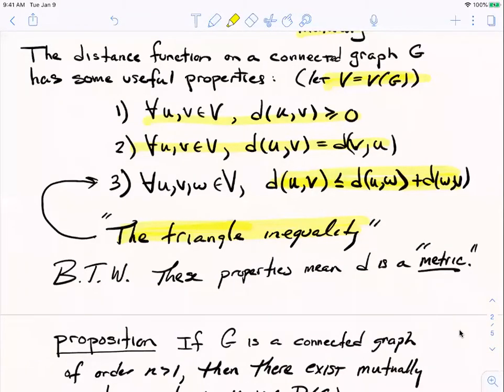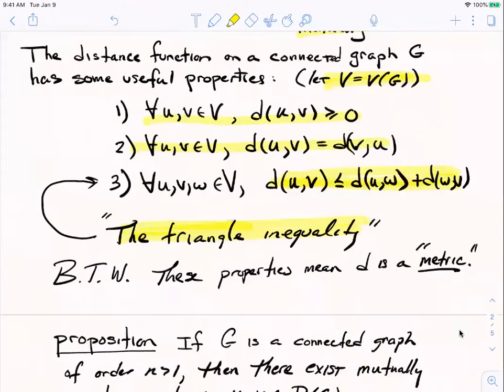If you draw a picture in the plane and think about usual distance, this fact just says that the sum of any two sides of a triangle is always at least as big as the third side. That's why it's called the triangle inequality. In everyday English, this fact is usually pronounced something along the lines of the shortest distance between two points is a straight line. If you deviate off the straight line from U to V, you're going to increase the distance.